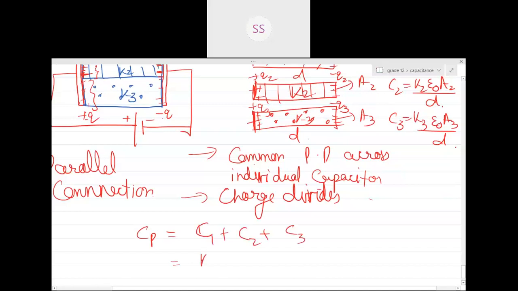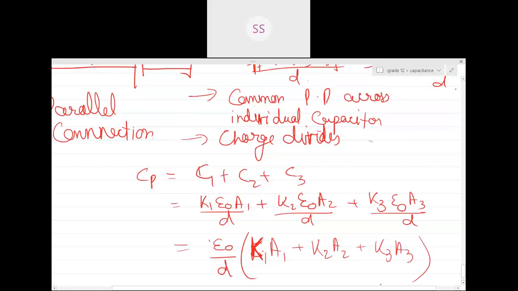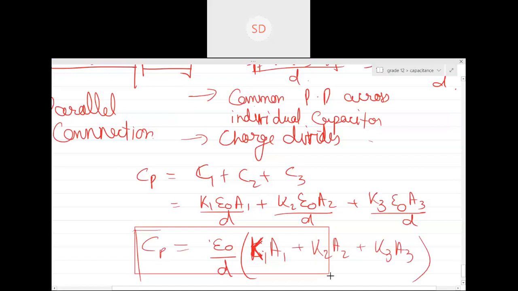And from here, can you see K1 epsilon naught A1 by D plus K2 epsilon naught A2 by D plus K3 epsilon naught A3 by D. This is your capacitance. Clear? Is this clear, guys? Yes, sir.